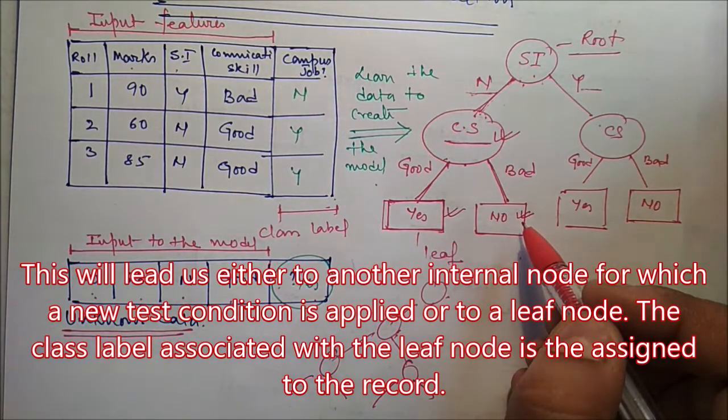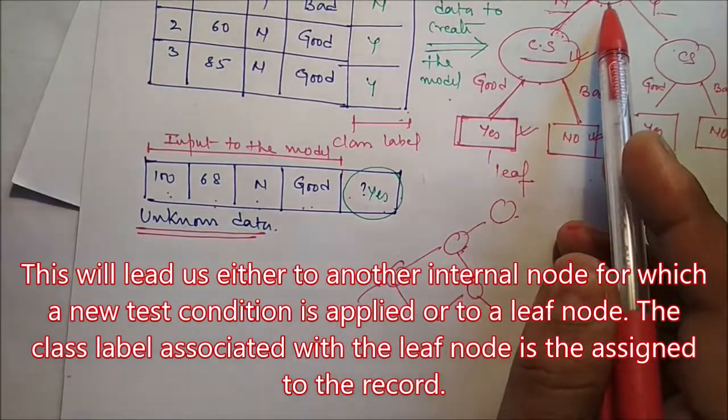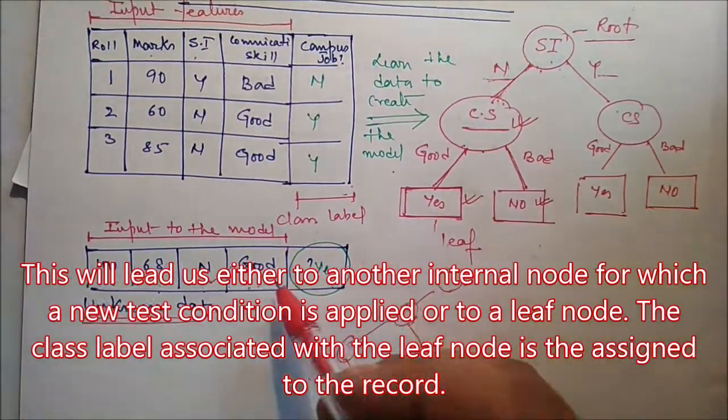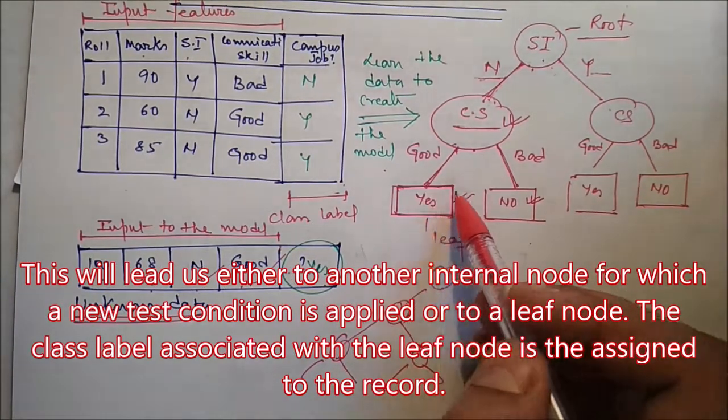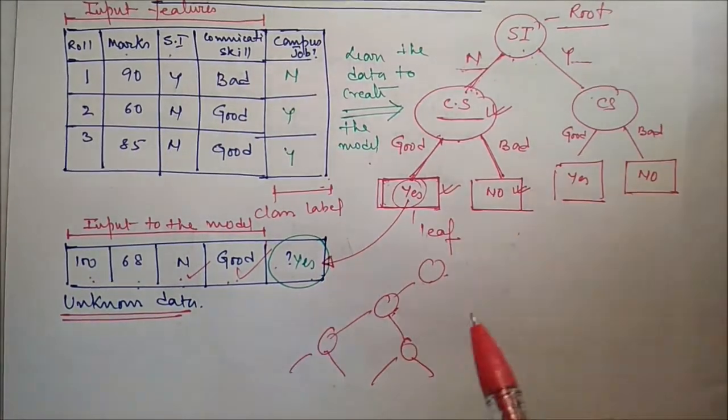The class level associated with the leaf node is assigned to the record. Since we have seen that sports interested is no, then communication is good, we follow this particular path, and the class level at the leaf node is yes, so we put this level here.